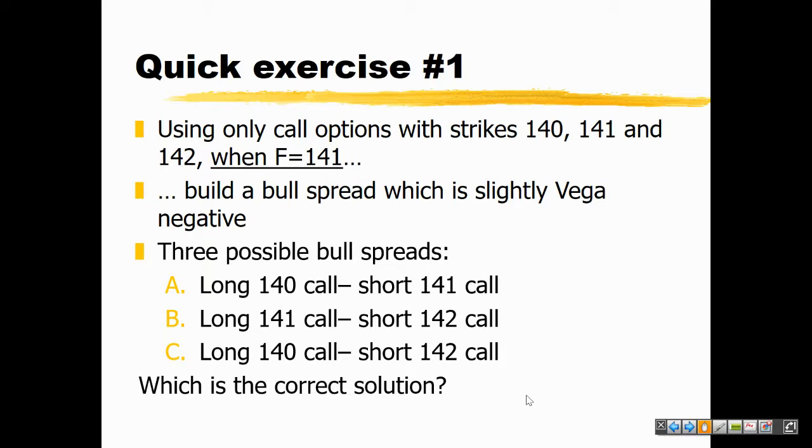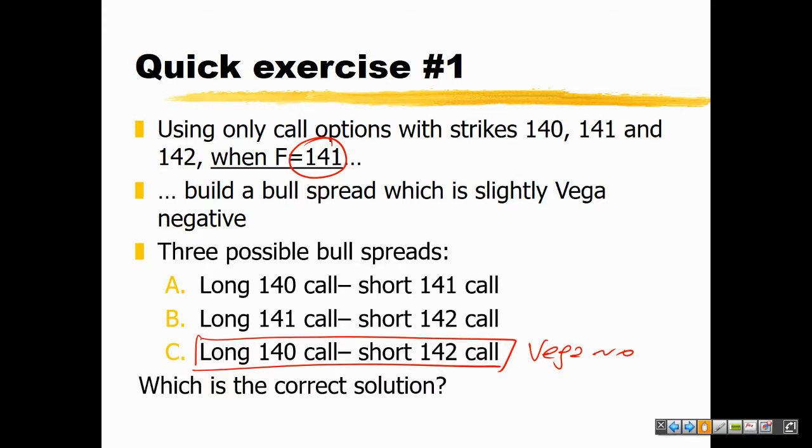So how would I reason here on this? First, I would say it's not going to be this one. Why? Because the 2 strikes are symmetric to the current price. So this for sure has a Vega which is equal to 0. It must be one of the other 2.